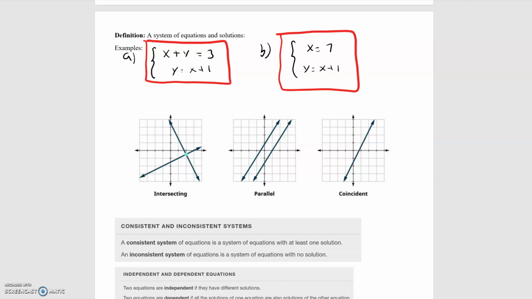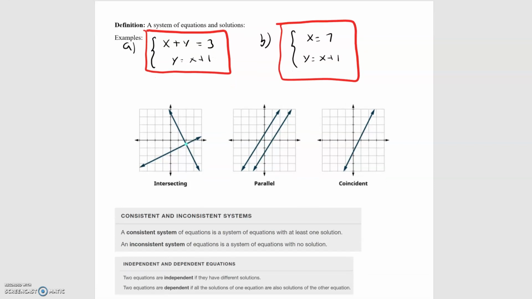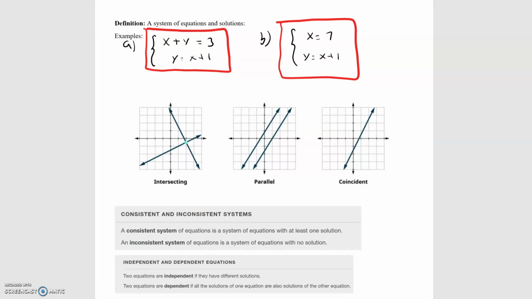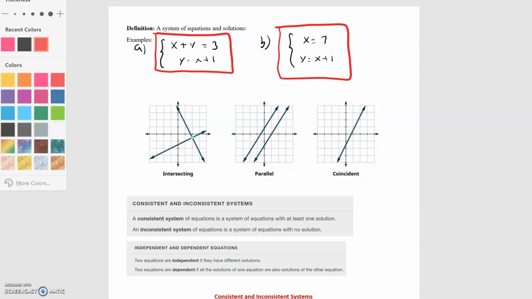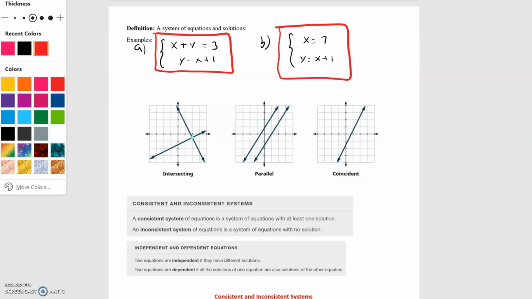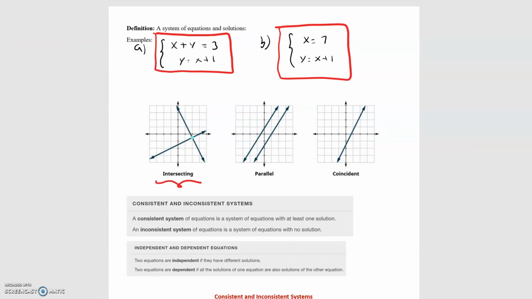And here's the main idea on what we're doing in this module. Given these 2 equations, they're all going to represent lines on the plane. And our main objective is to find that coordinate point. So that coordinate point is where they're going to be intersecting. Those will be our solutions.